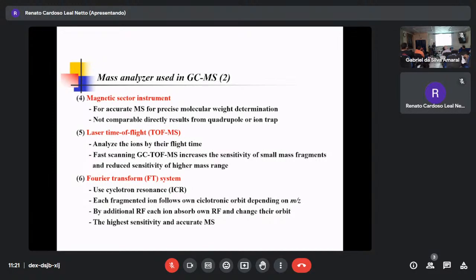Then Fourier transform. Have you heard about FT-MS? What's the FT-MS? The same as NMR. Now, Fourier transform, FT-MS, you need the magnet. Now I'm an ion. Ion means charged one, right?